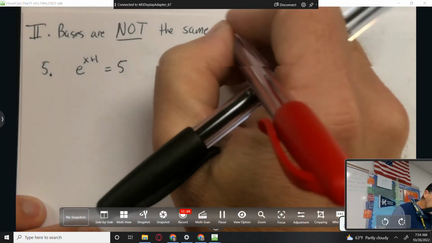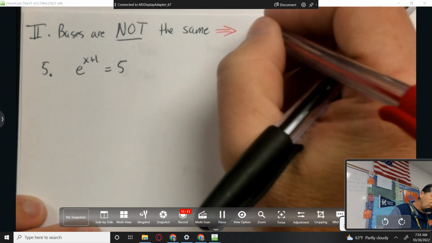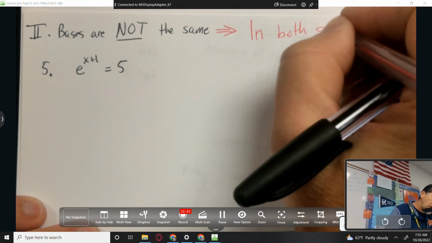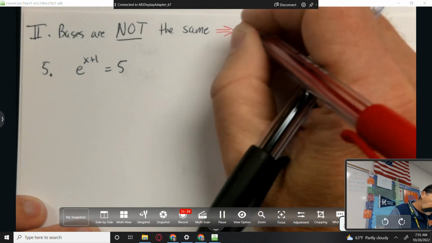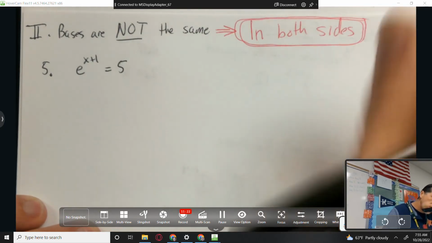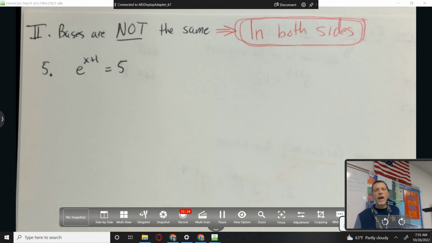All right, here's the big deal for this section. You're going to natural log both sides. So you can sort of add this to your growing list of things you can do to both sides of an equation.